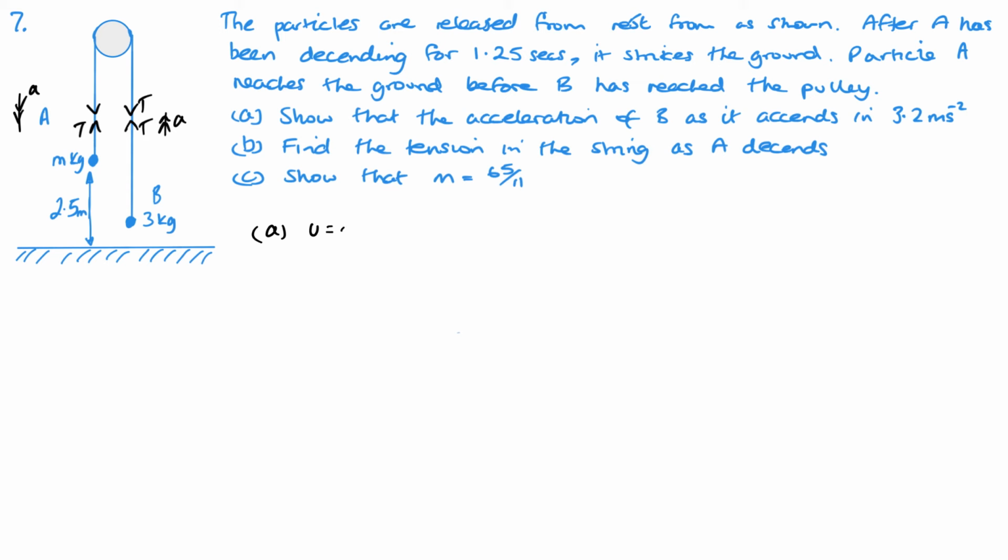we know that u equals 0. We know that the time equals 1.25 seconds, and we know that the distance is 2.5 meters, and the acceleration is something we want to find. So we need s equals ut plus a half at squared.